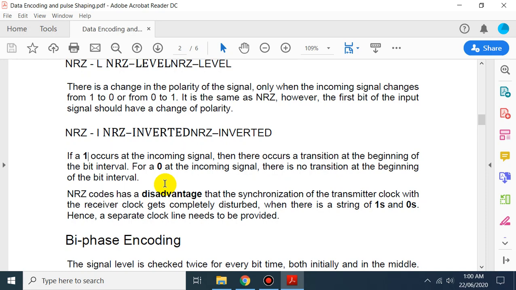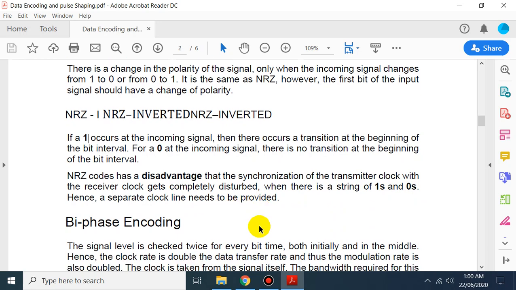For a 0 in the incoming signal, there is no transition at the beginning of the bit interval. Non-return to zero codes have a disadvantage as well: the synchronization of the transmitter clock with the receiver clock gets completely disturbed, as I have told you earlier, when there is a string of 1s or 0s. Hence a separate clock line needs to be provided here.